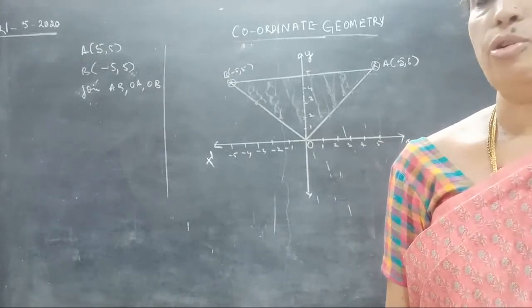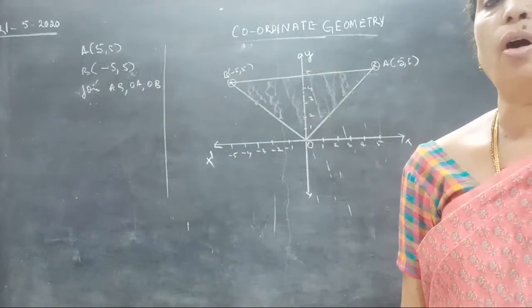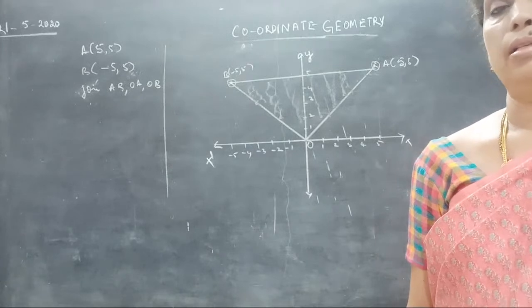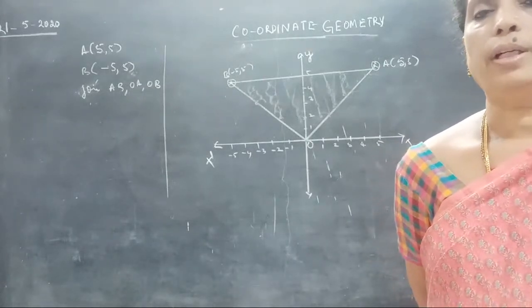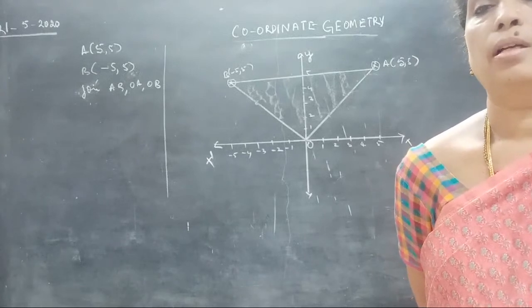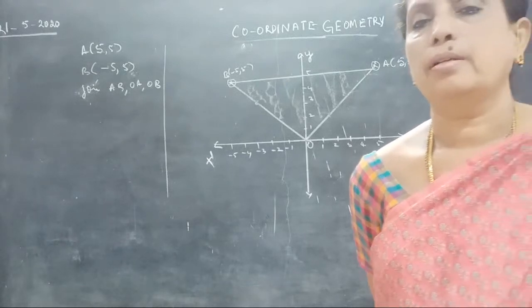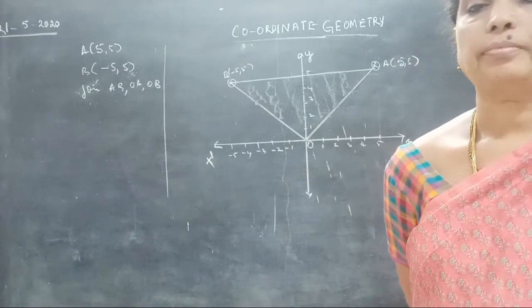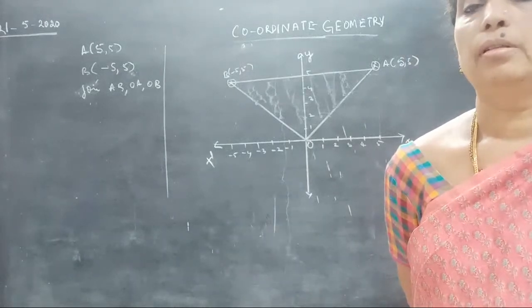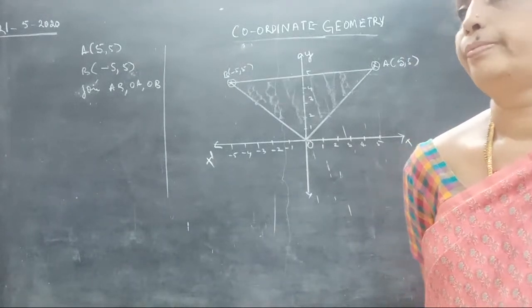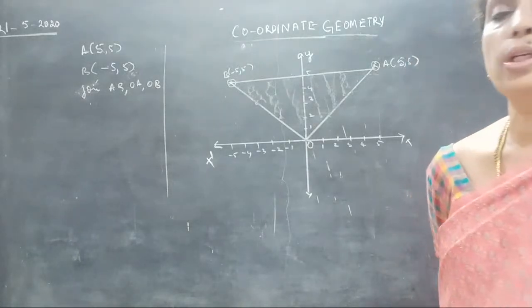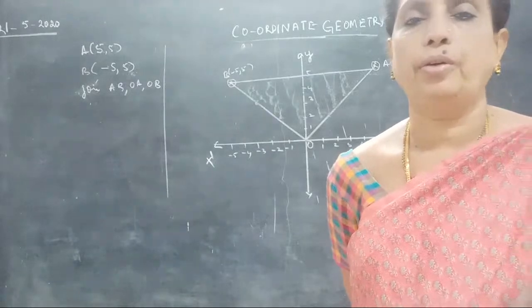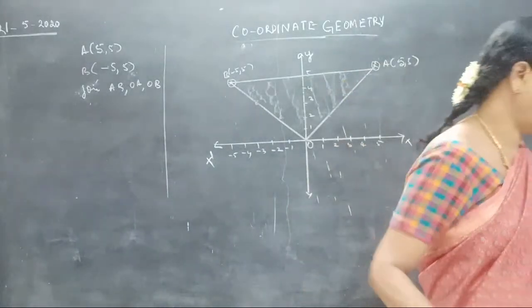This triangle so formed is, yes, a triangle. What type of triangle is it? It is an isosceles triangle. Very good. Isosceles triangle.